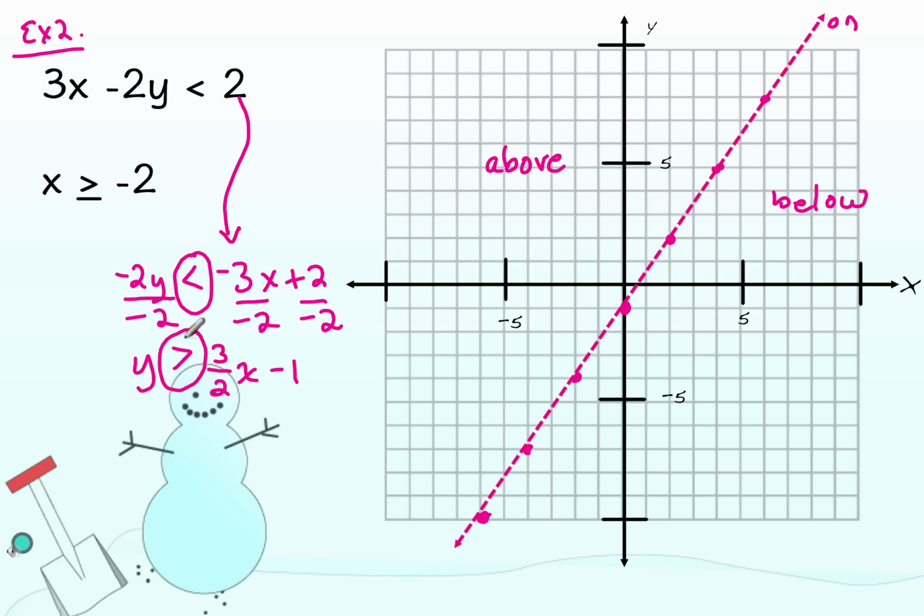And according to this, now that the sign got switched because I divided through by a negative, it wants only above the line. So I'm going to cheat a little bit here.